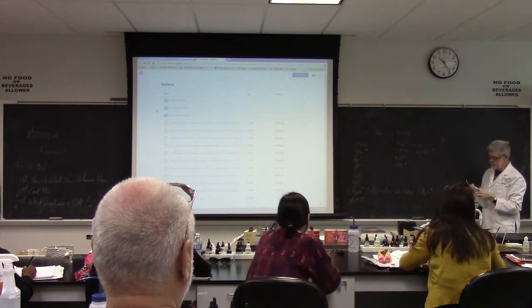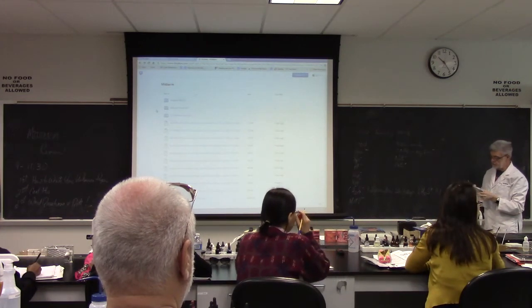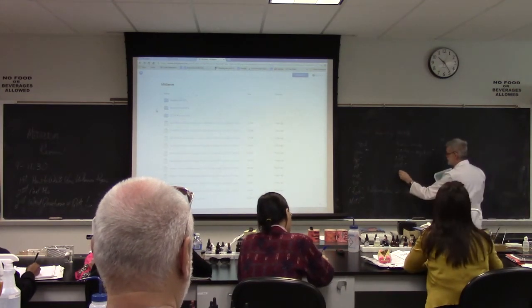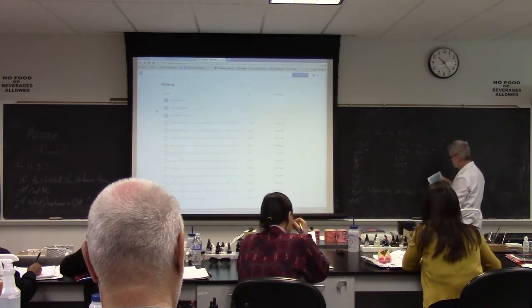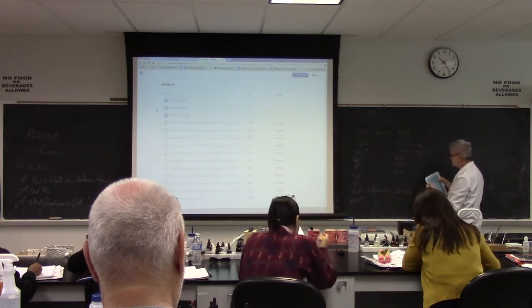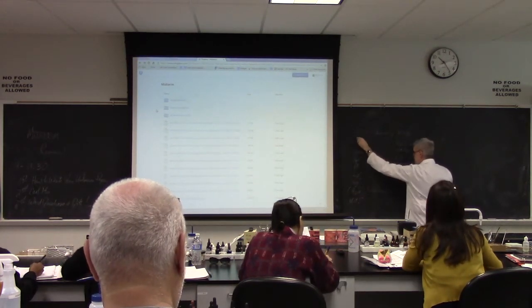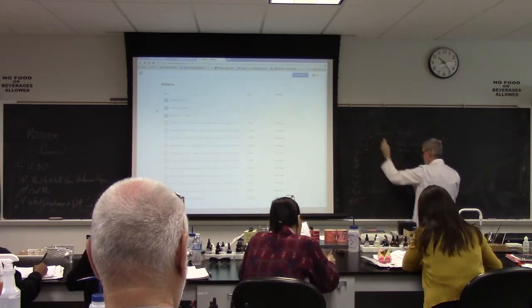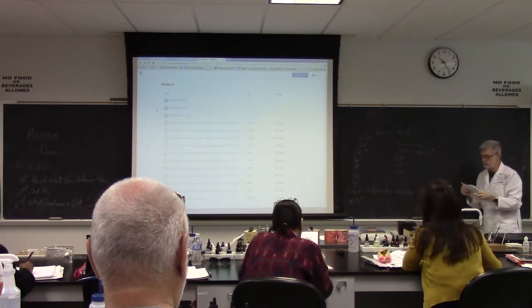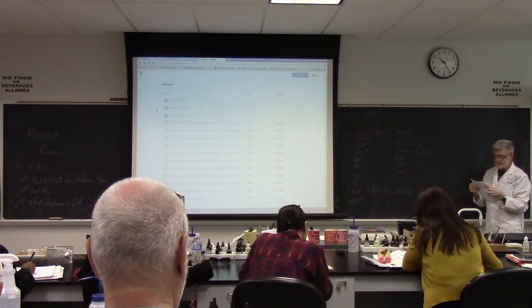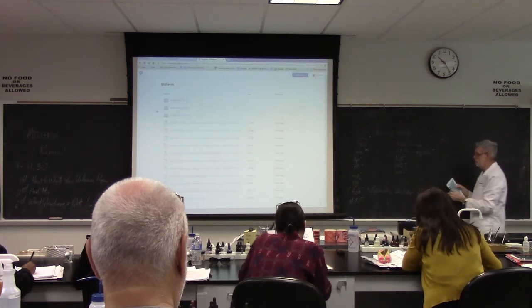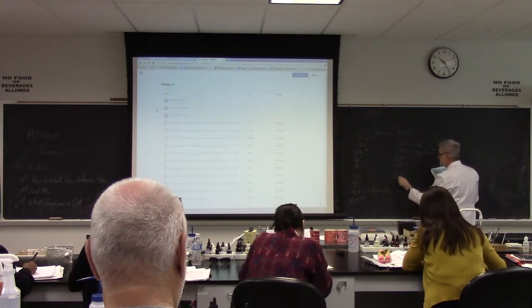Okay, let's see. Urea broth was yellow, so the urea test is negative. And as was the dextrose, so now we know our glucose is positive. Dextrose is another word for glucose. Mixed acids test was yellow, so MR is negative.